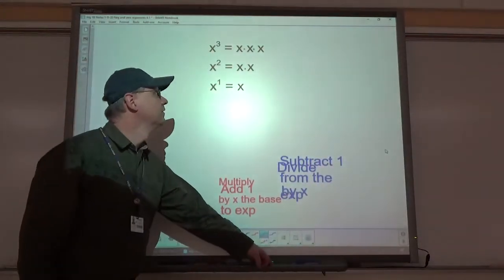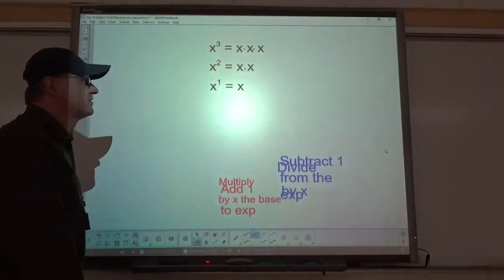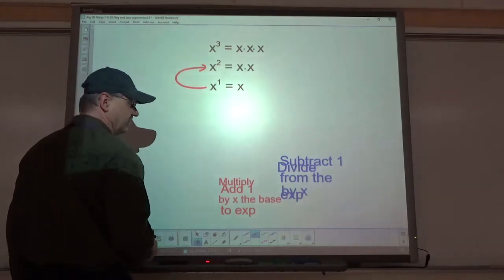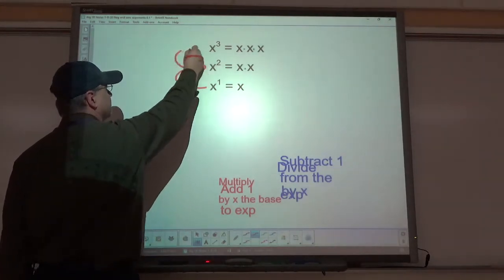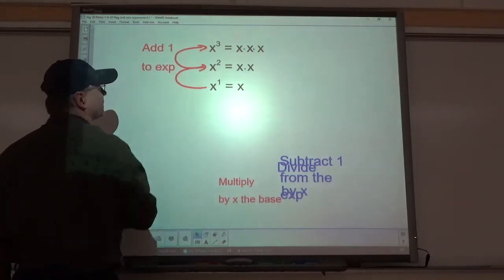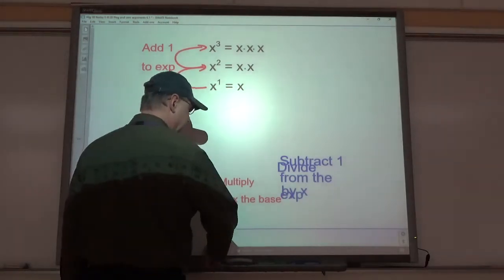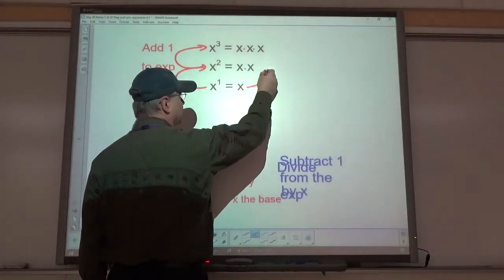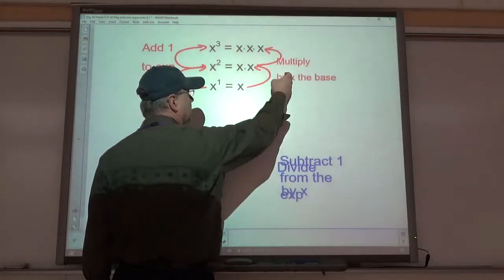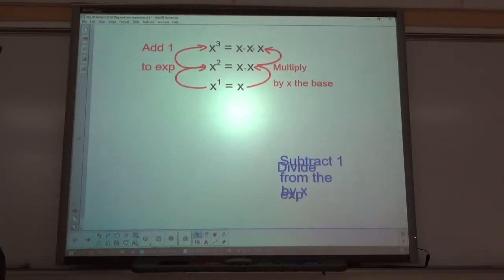All right. So when you're working with this, as you go up, you can see that you are continually adding 1 to the exponent each time you go up. And on the other side, as you go up, you are continually multiplying by x, which is the base.